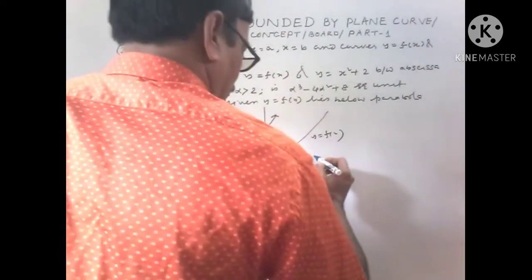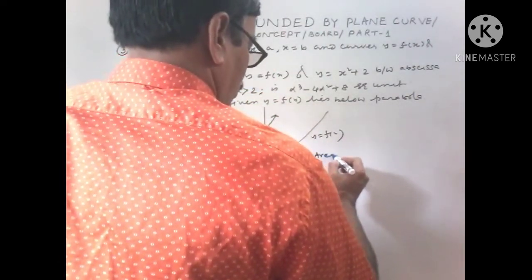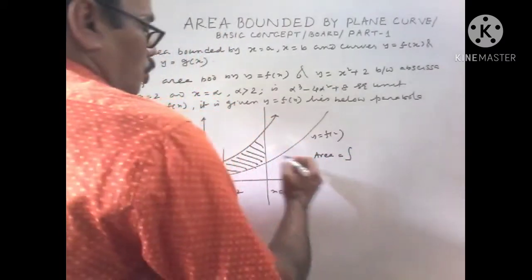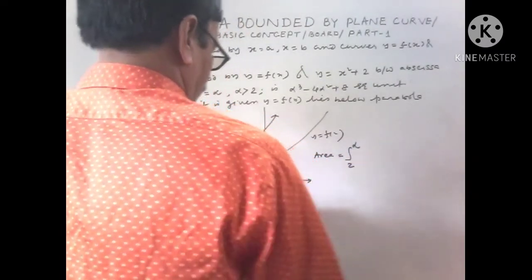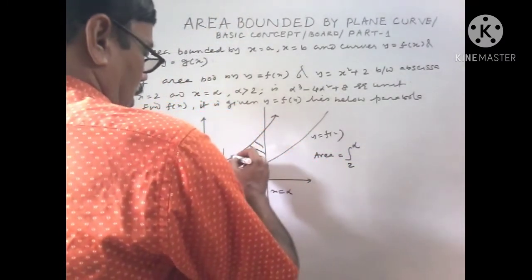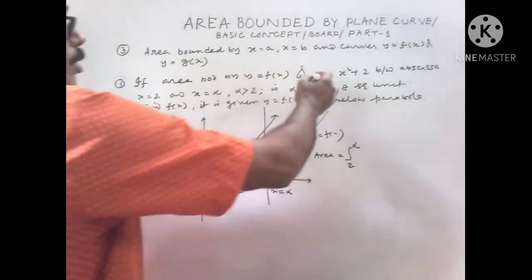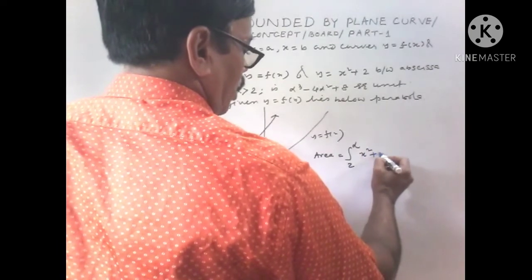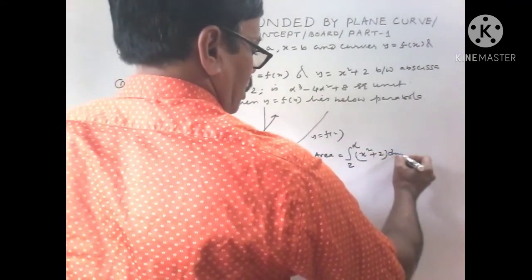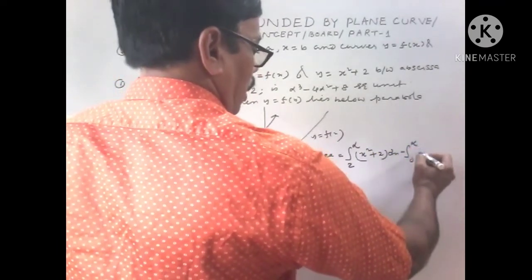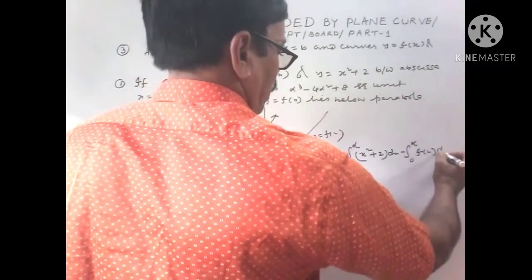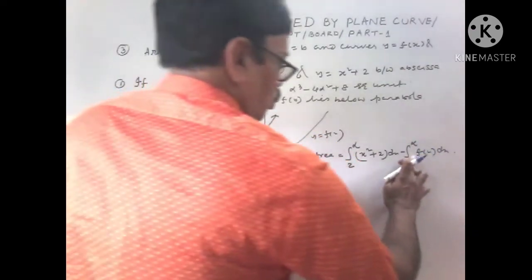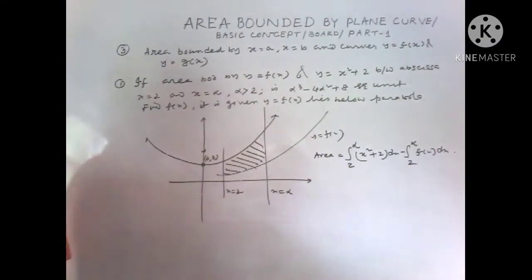So what is the area? Area equals integral from 2 to alpha of the upper curve, that is (x square by 2 plus 2) dx, minus integral from 2 to alpha of f(x) dx.